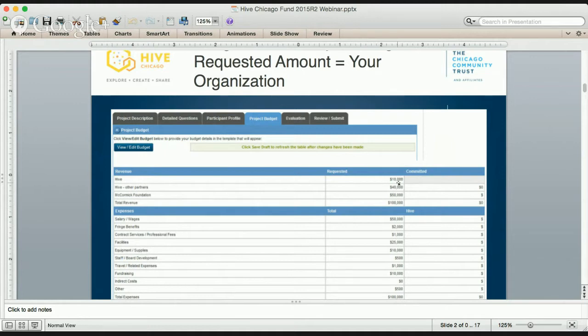The match in terms of funding doesn't have to be a foundation. It can be any kind of support, and it doesn't have to be new support. It can be past support that you've already raised in some way. It could be individual support or whatever. You just have to outline what that is, and that would be $50,000. Say it is McCormick Foundation and they've agreed to give you the $50,000. Then you would fill that out in the committed section, which is right here.